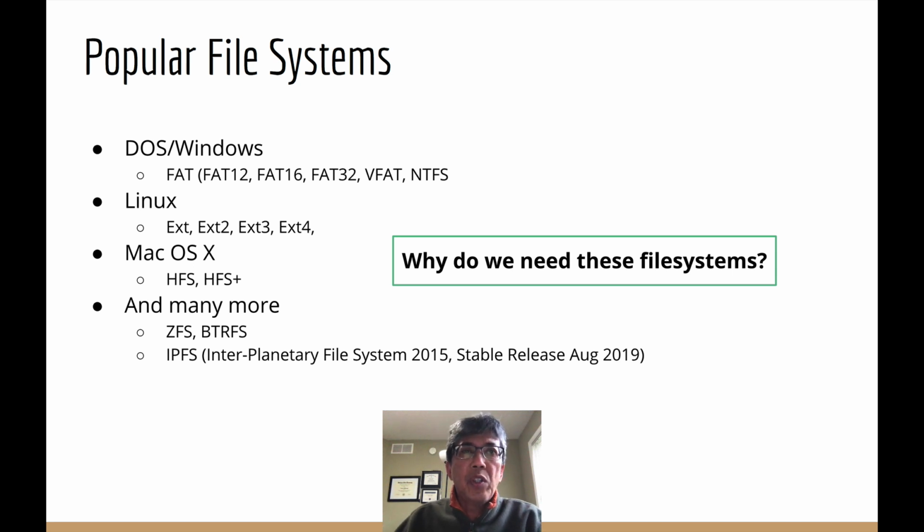Just to name a few, for instance, DOS and Windows use file systems known as FAT, File Allocation Table, and there are several variants, FAT12, FAT16, FAT32, depending on the number of bits used in the file allocation table.